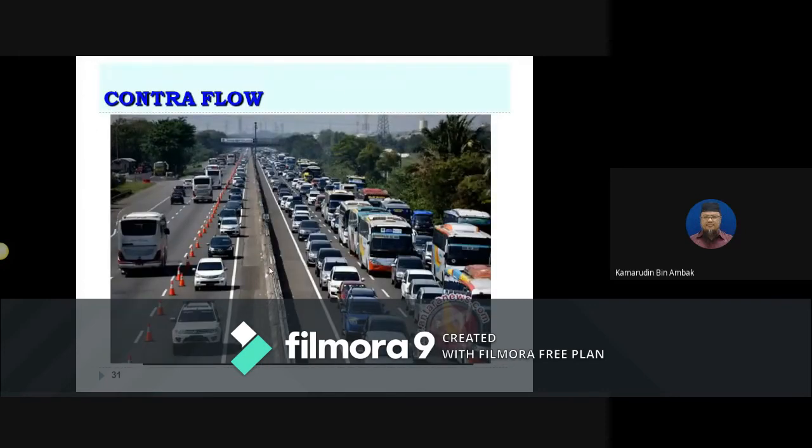Okay, next issue, contraflow. Also we have to manage it when we notice that the traffic demand at a particular road network is imbalanced. This is the scenario. We look at this perspective: there is a very massive flow from, let's say, the southbound area compared to the northbound area.